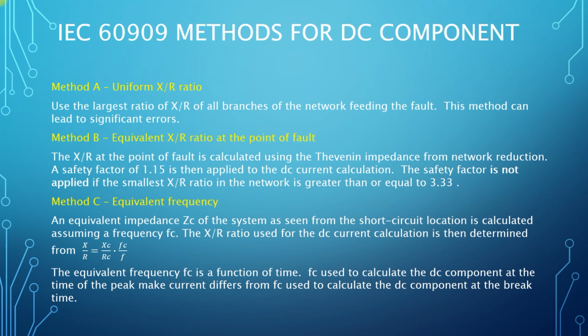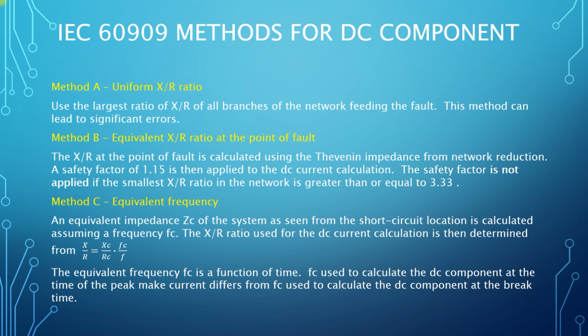The third method is method C, the equivalent frequency method. Now, what happens here is an equivalent impedance of the system viewed from the short circuit location is calculated, and it is calculated at a frequency Fc.